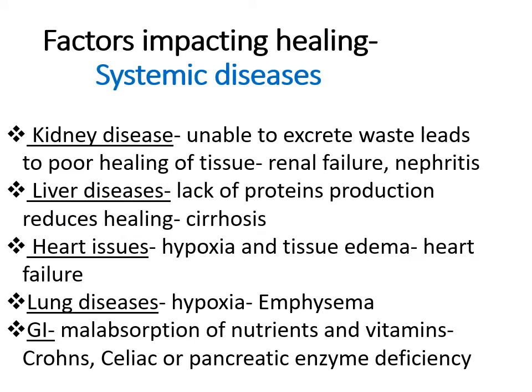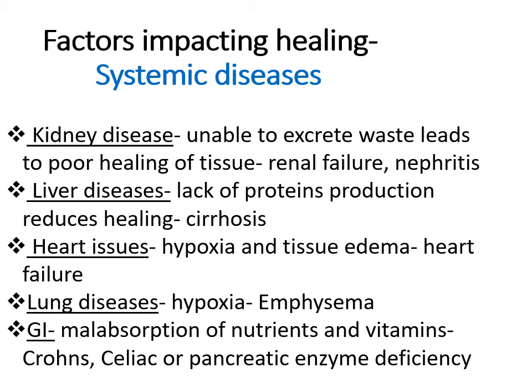So what are some factors that are going to impact a patient's ability to heal a wound? Here are some systemic conditions that patients may be suffering with that are definitely going to impact the speed and the ability of the body to heal a wound. So kidney disease is definitely an important one.